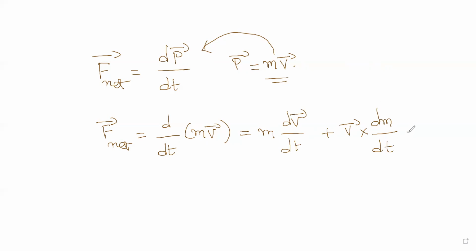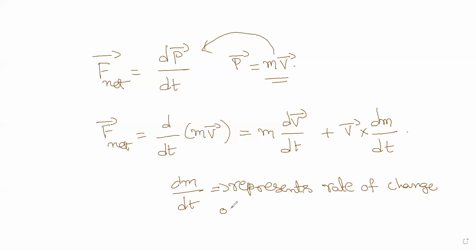dm by dt represents the rate of change of mass. This is very, very important. dm by dt represents rate of change of mass.